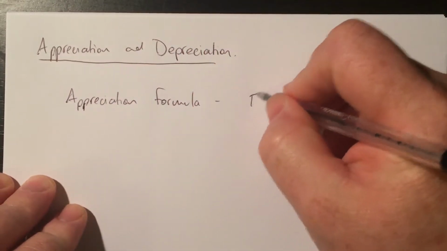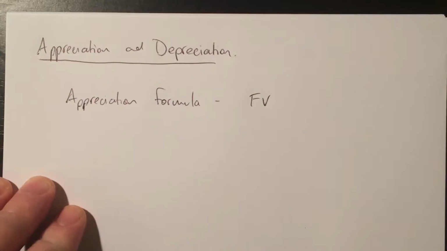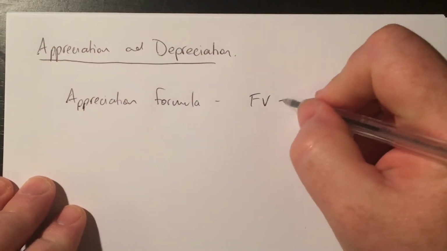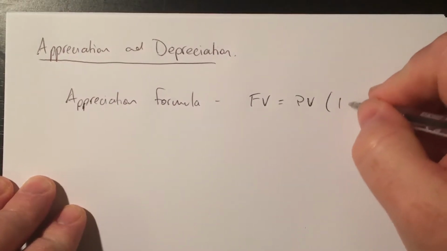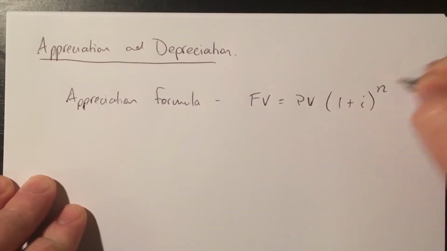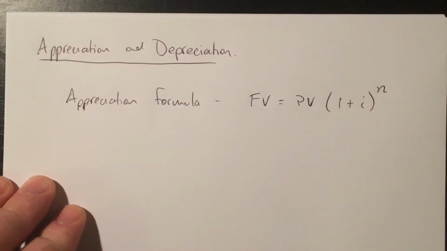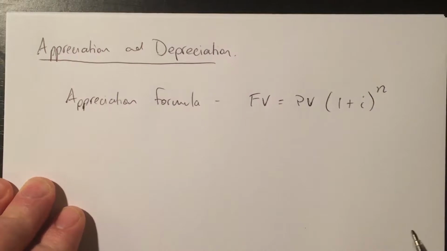This formula describes what the future value of an object will be based on what its past value is, and it's similar in form to our interest formula, if you can recall that.